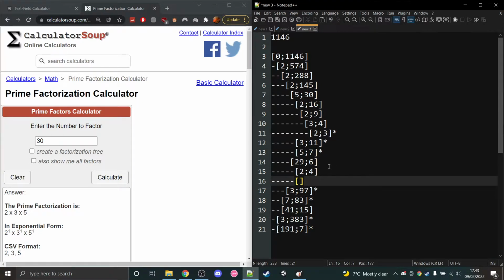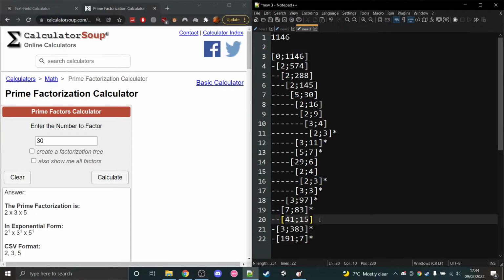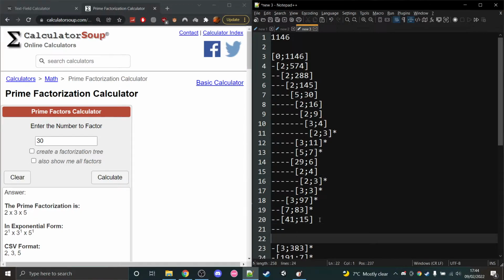And 6 divided by 3 is 2, plus 1 is 3, which is prime. And then 4 once again is 2 squared, so we can just generate this again, 2, 3. 15 has 3 and 5 as its prime factors.